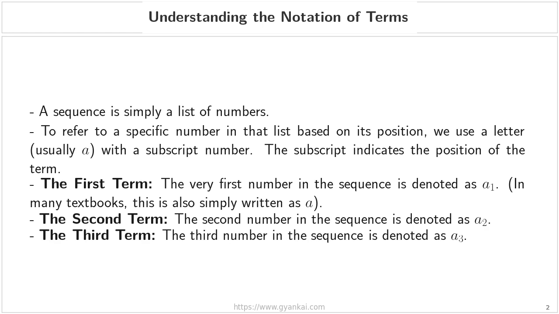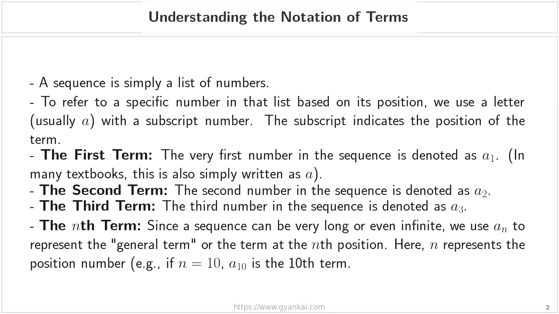Moving down the list, the second number in the sequence is denoted as a sub-2, and the third number is a sub-3. But what happens if the sequence is incredibly long or even goes on forever? We can't possibly list every single subscript. This is where we use a sub-n. Here, the letter n represents the position number. So, if we want to talk about the 10th number in the list, we simply say a sub-10.